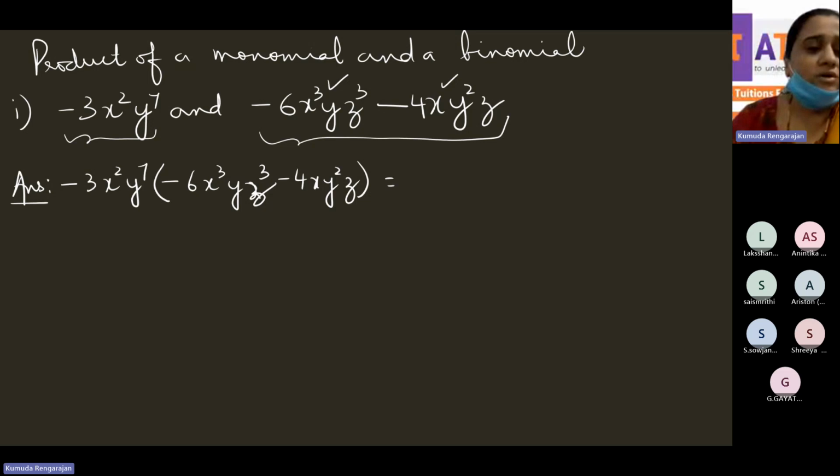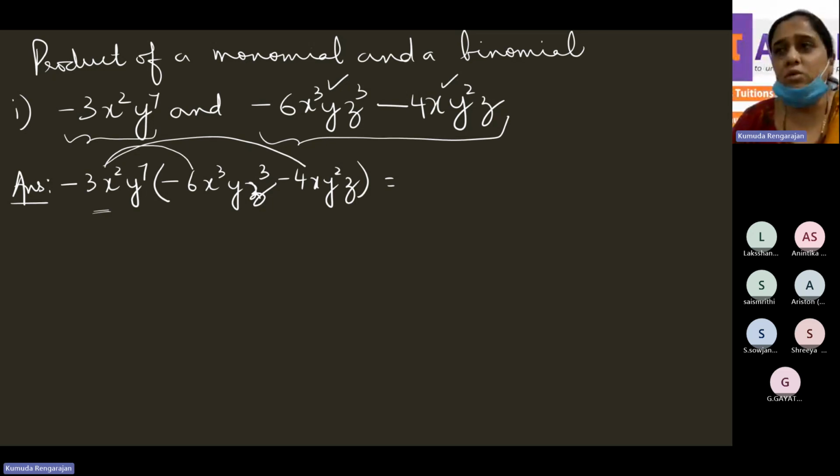All right. Now, you need to multiply this monomial with every term in the binomial, that is, with both the terms in the binomial. You need to multiply this with this and multiply this with this.